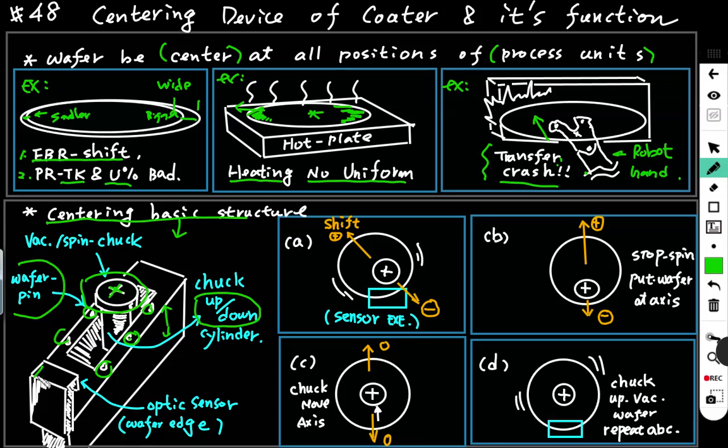This is the optic sensor to sense the wafer edge.